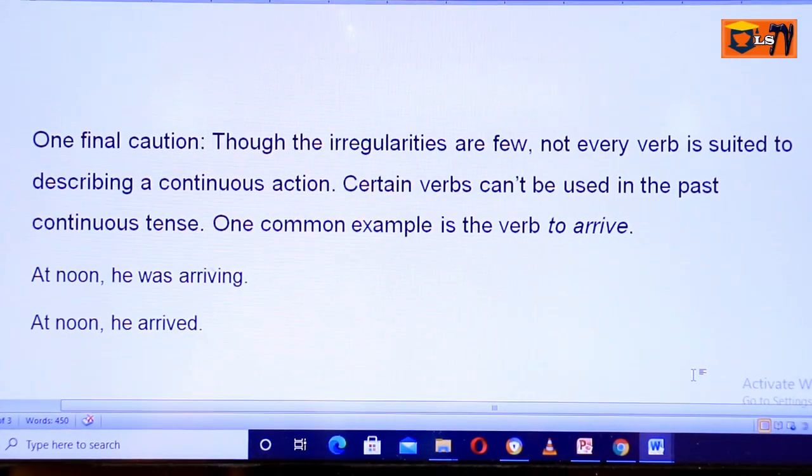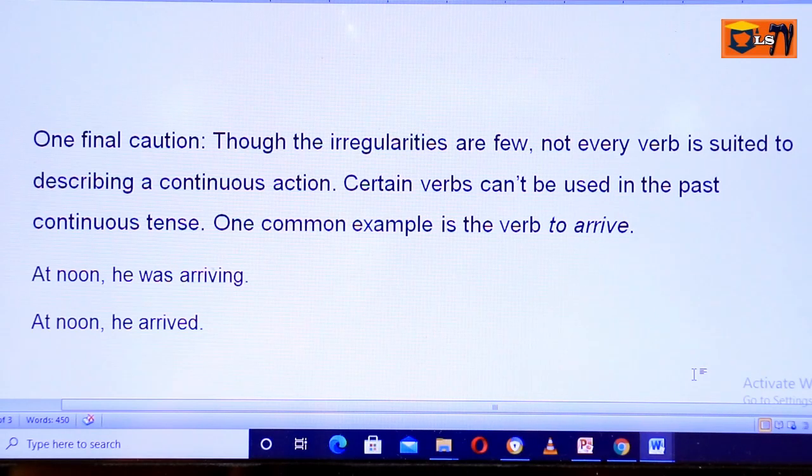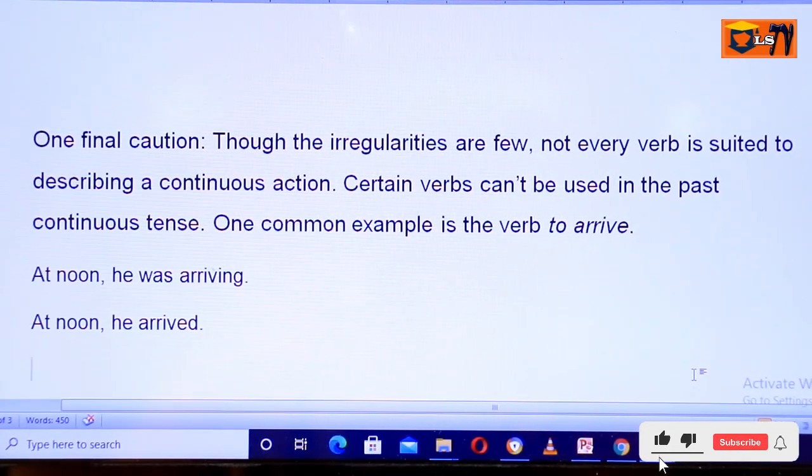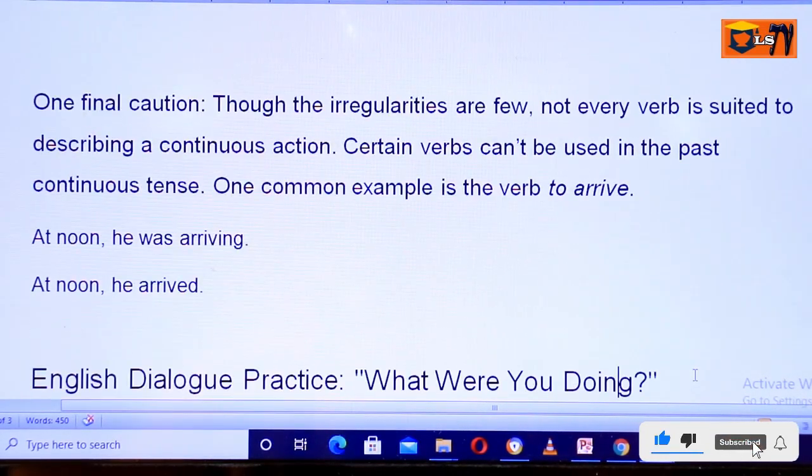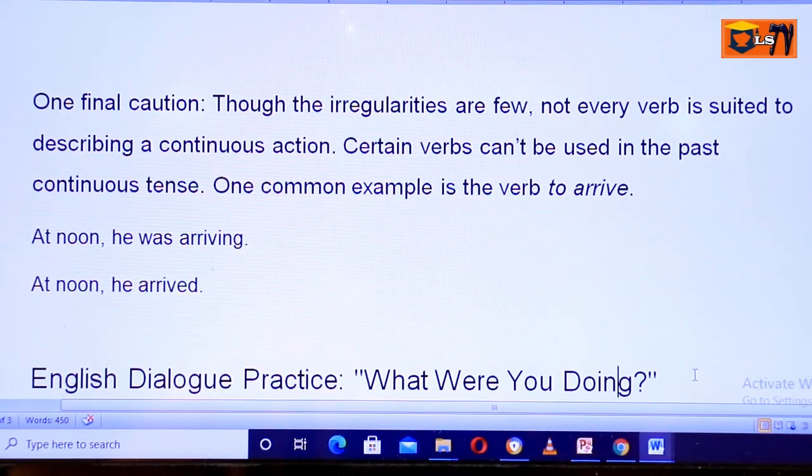Though the irregularities are few, not every verb is suited to describing a continuous action. Certain verbs can't be used in the past continuous tense. One common example is the verb to arrive. At noon, he was arriving. Don't say, at noon he was arriving, but say, at noon he arrived.